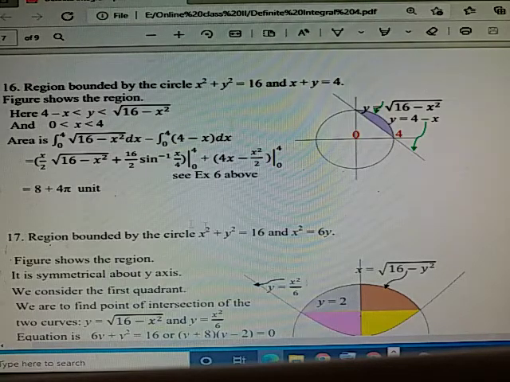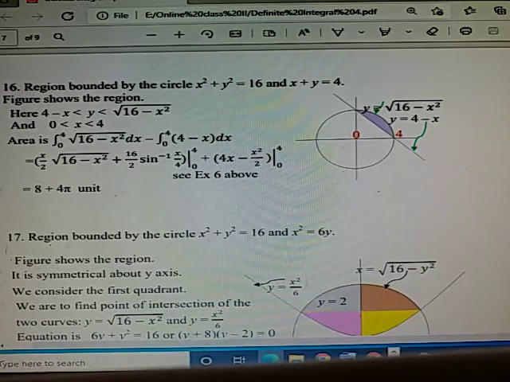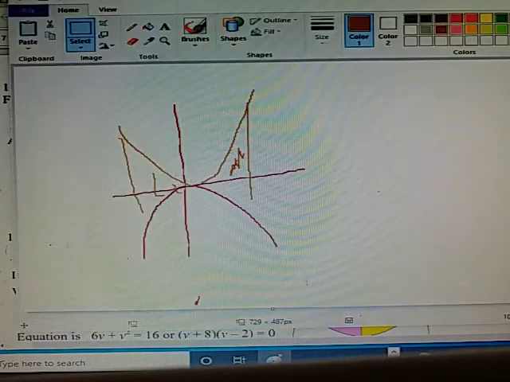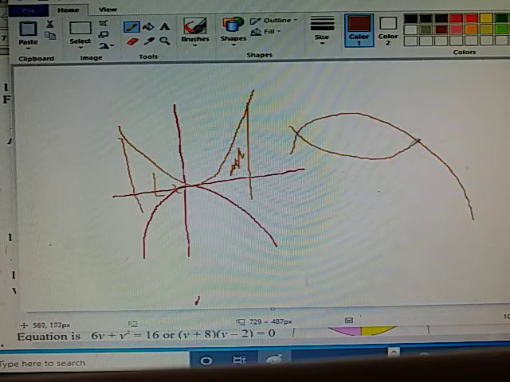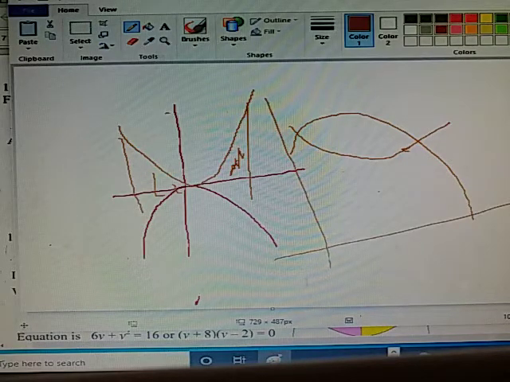So we are integrating this value, and for this it is bounded by two curves. This is one curve, this is another curve, bounded by two curves. Our axis is this.